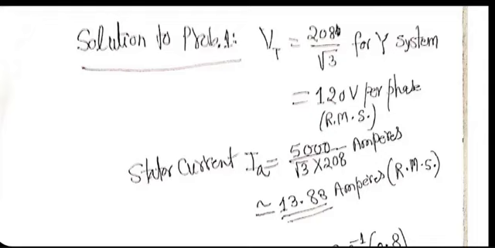So it is actually VA, which is 5,000, divided by square root of 3 VL, or VLL if you want. That gives you the IL value, the line current value. And for star connected systems, line current is the same as phase current. That's how IA has been determined.